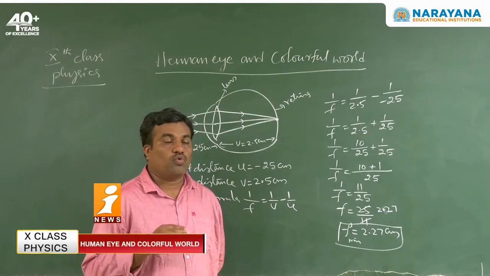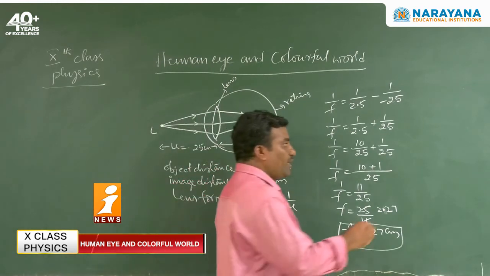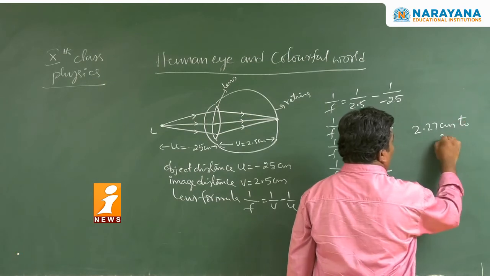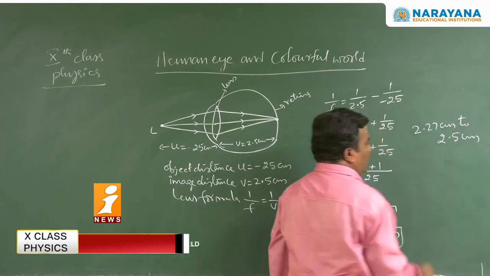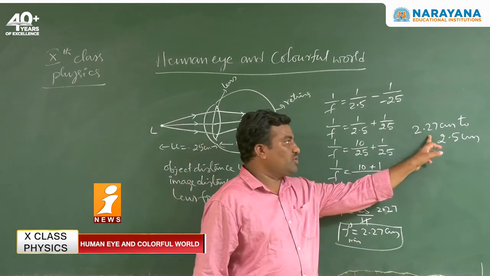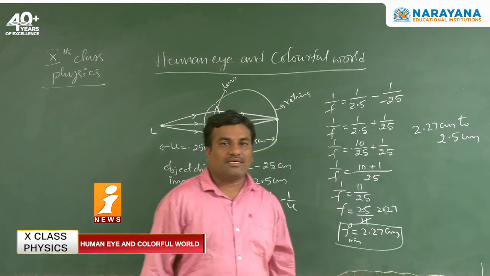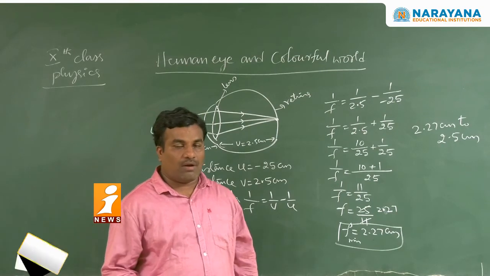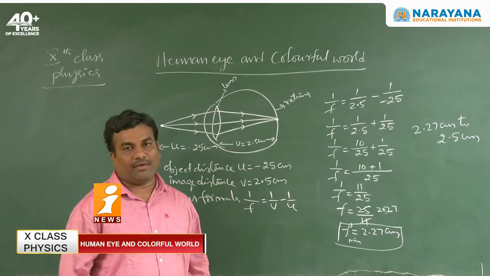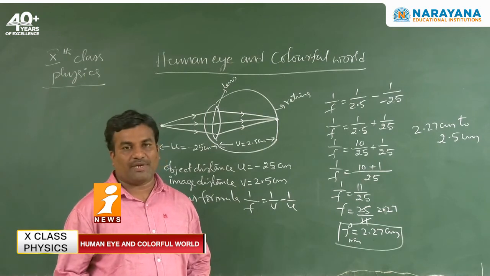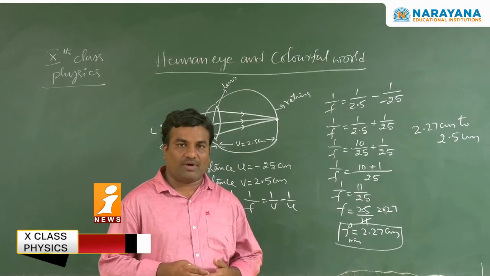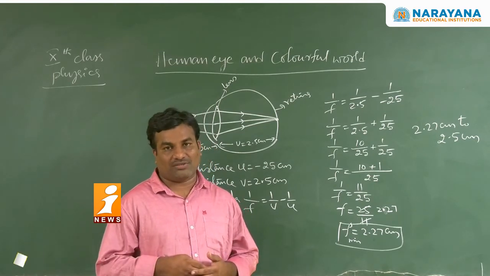So the adjustment of focal length between 2.27 centimeter and 2.5 centimeter gives clear images on the retina, so we can observe the perfect shape and size of long distance, meaning infinity, or nearer objects.